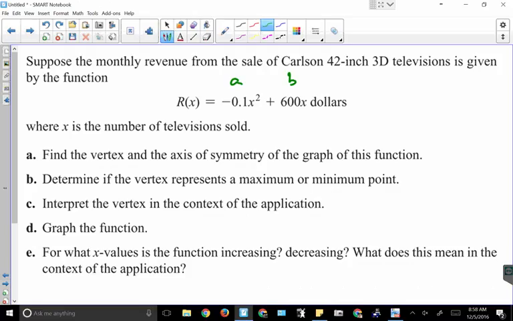So the first step for finding the vertex is x is equal to negative b over 2a. So that means I'm going to put in negative, what's b? 600. So I get minus 600 over 2 times, what's the value for a?